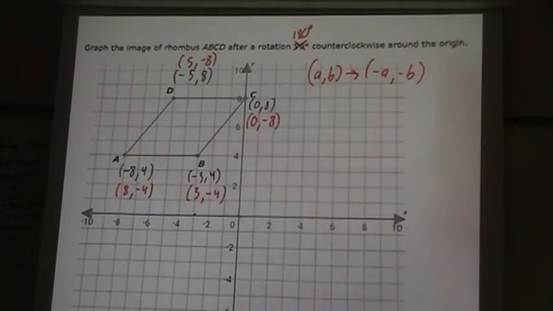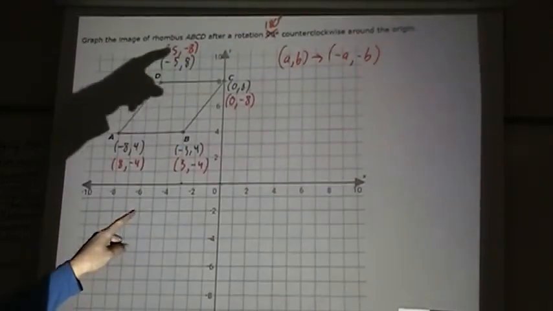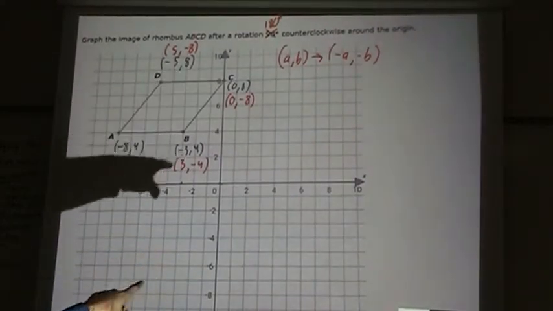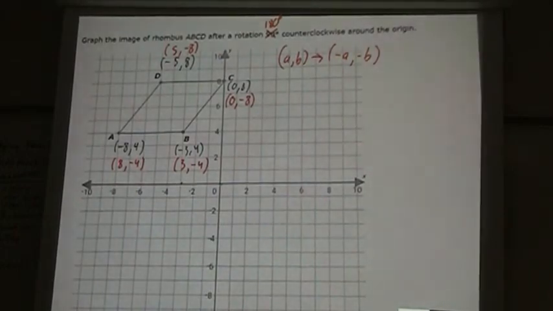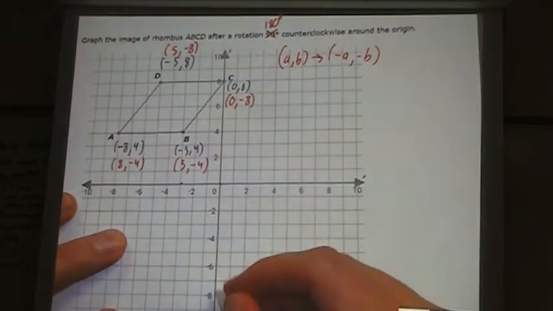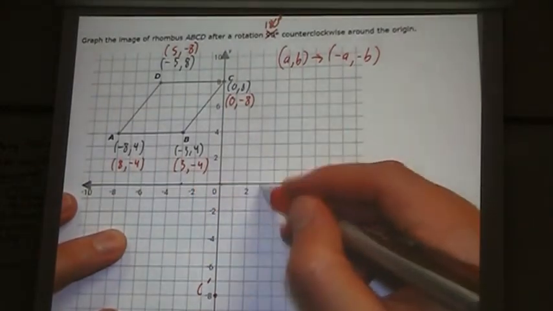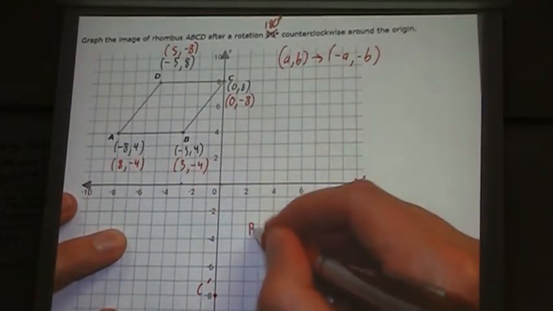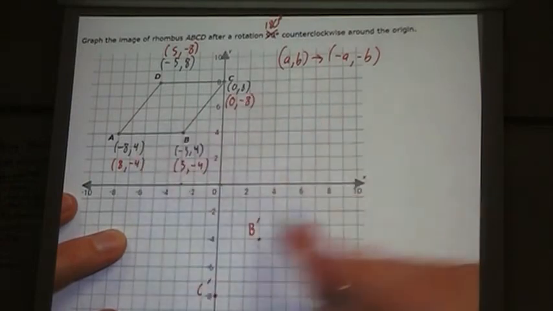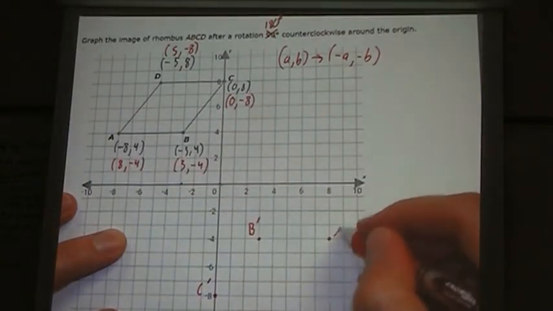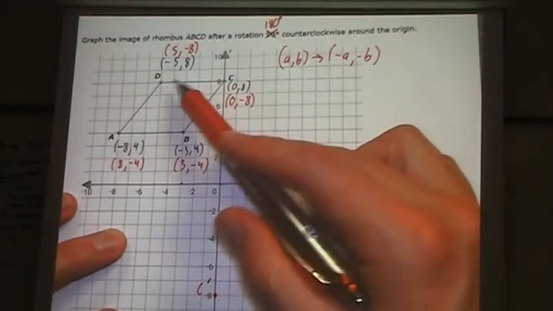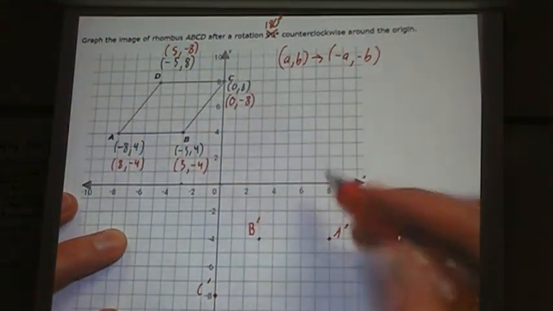Now once you get here, you're going to be graphing these points. Okay, graph those coordinates on your grid. So we have 0, negative 8. There's my new C. 3, negative 4. There's my new B. 8, negative 4. There's my new A. And D is 5, negative 8.